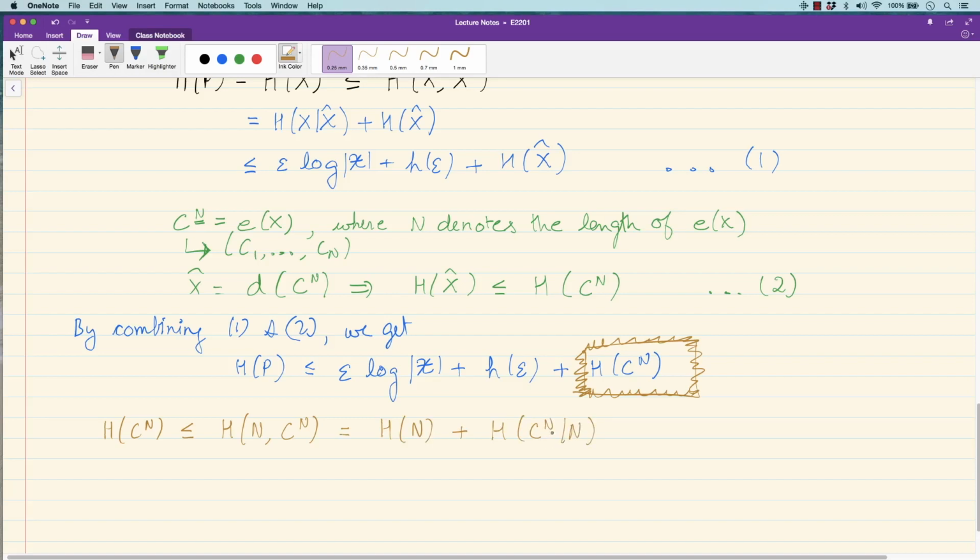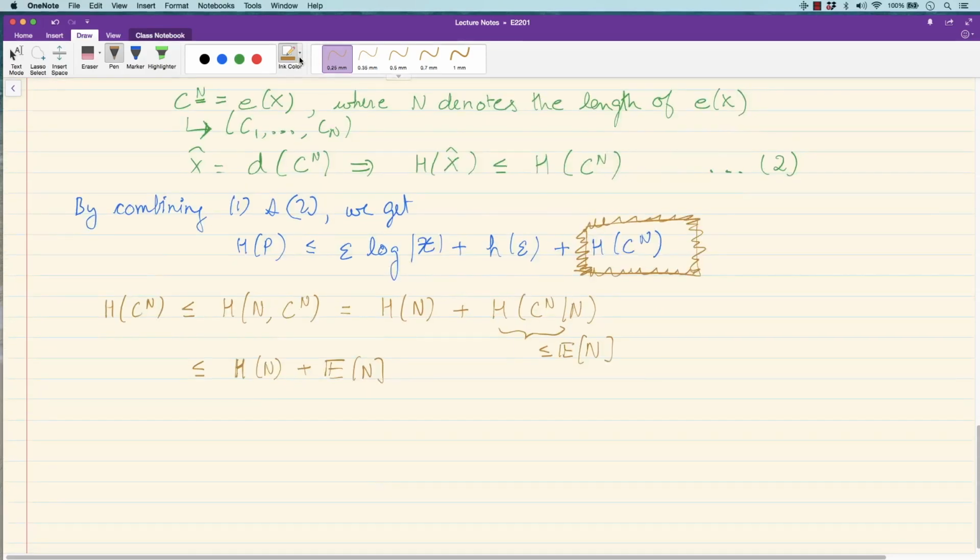Given n, this is a binary vector of length n, therefore its entropy is less than or equal to log of its length, which is just n, and then there's an expectation over n. So this entropy is less than or equal to expected value of n. That's a very important observation. So this whole term is less than or equal to h of n plus expected value of n.